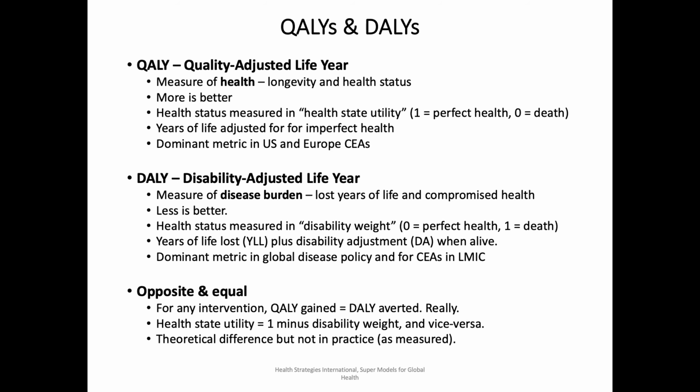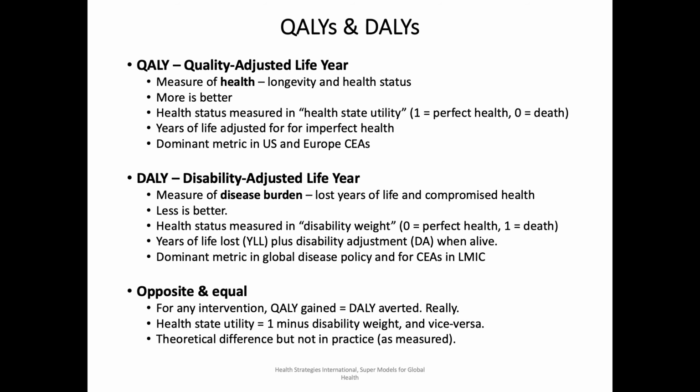Since they're a measure of health, you want more of them. You want more QALYs. And health status is measured in health state utility. 1 is perfect health and 0 is death. So it turns out that QALYs and DALYs are essentially the same magnitude, but the opposite direction. This is very useful.